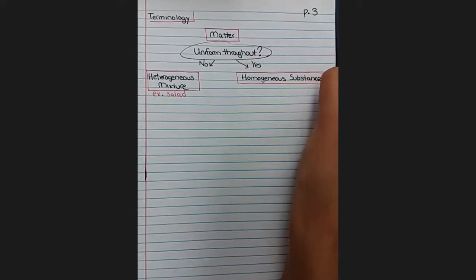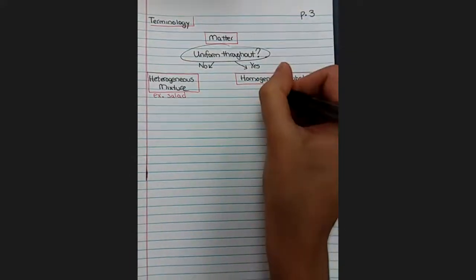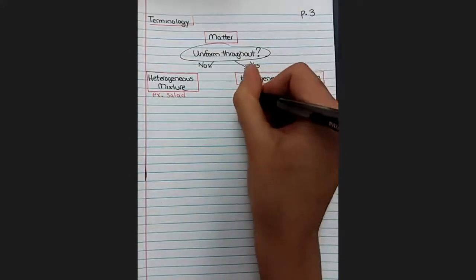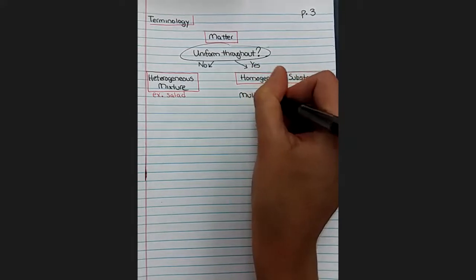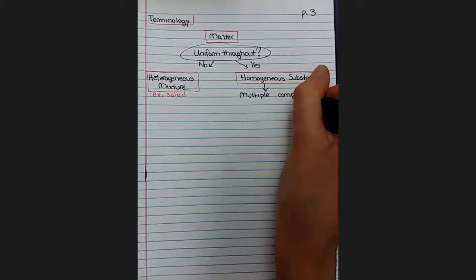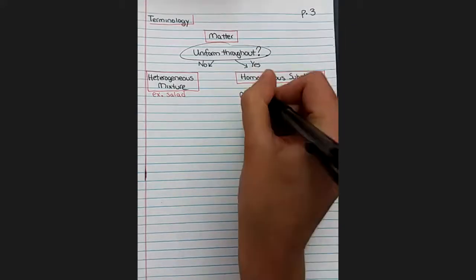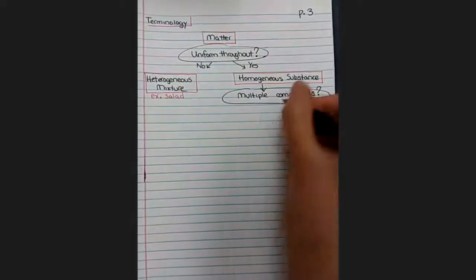So our other option, if it is uniform throughout, it's called a homogeneous substance. And there are several types of those, depending on how many components there are, whether that substance that's uniform throughout is made up of one thing or multiple things.